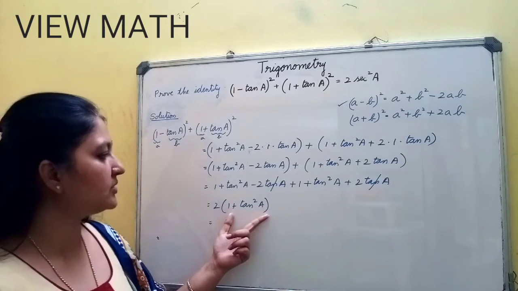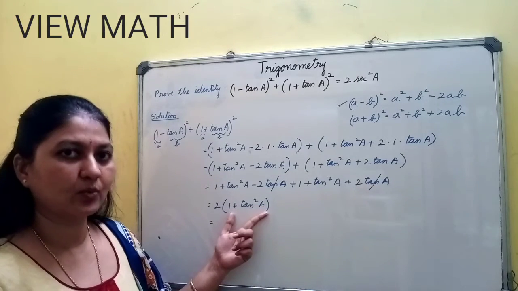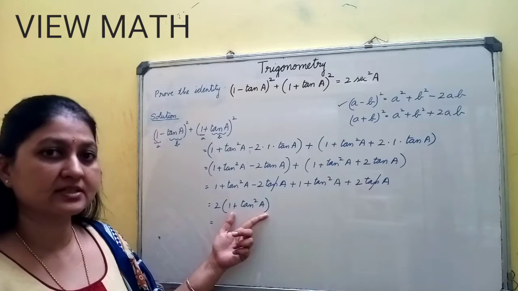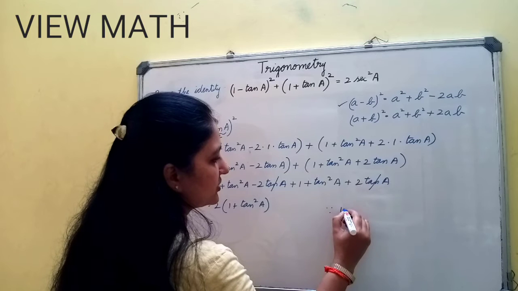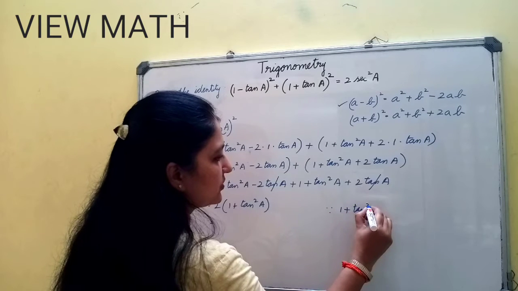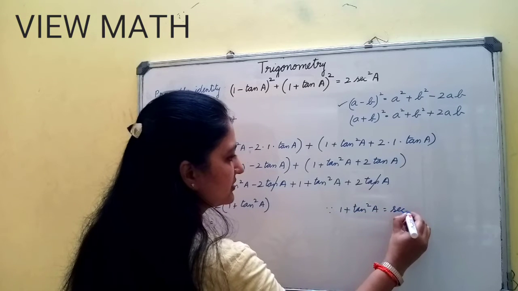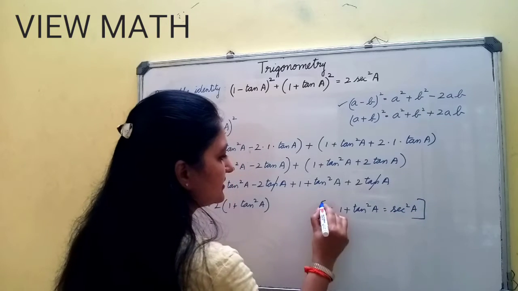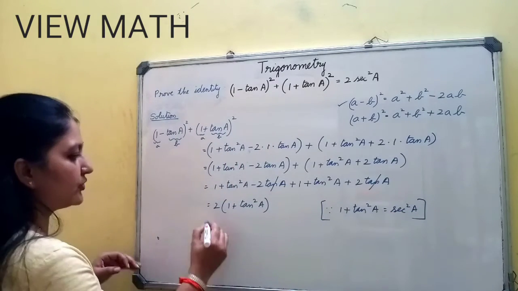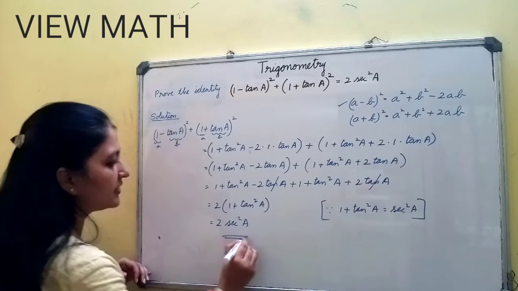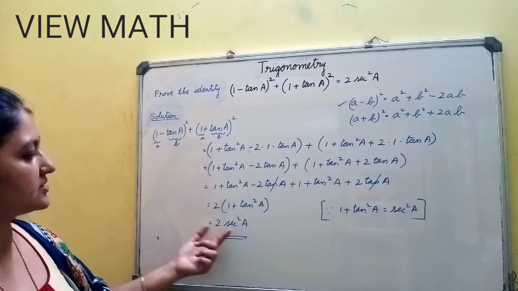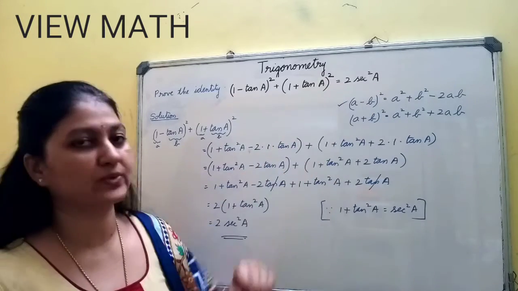Now what is the formula for 1 plus tan square A? 1 plus tan square A is secant square A. You have already seen this in the square relation. 1 plus tan square A is equal to secant square A. So I am going to change this as 2 into secant square A. Now you can see I have proved this is equal to 2 secant square A.